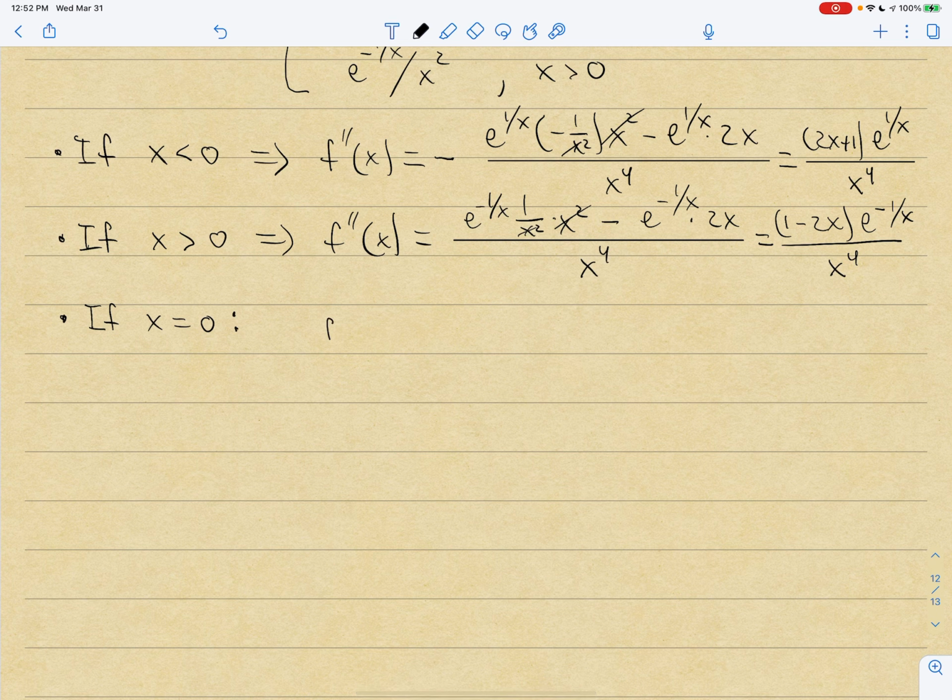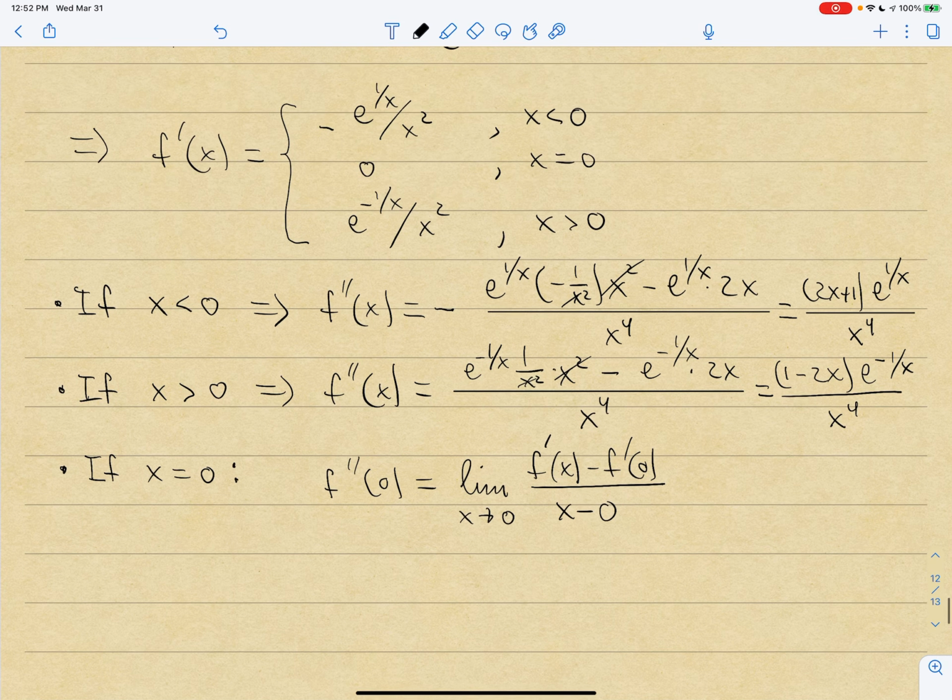Again, f double prime of 0 is the limit as x goes to 0 of f prime of x minus f prime of 0, because it's the derivative of f prime, divided by x minus 0.